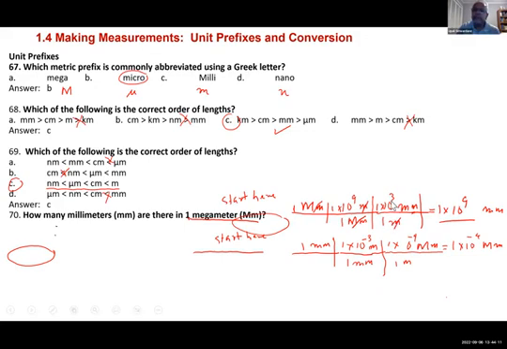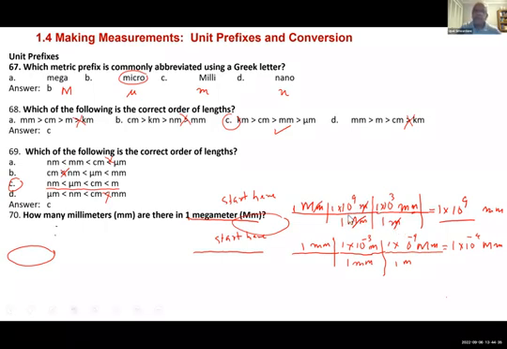1 meter has 10 to the 3 millimeters. 1 megameter has 10 to the 9 millimeters. Megameter is bigger than meter. Therefore, this has to be 9. Bigger number has the positive exponent.